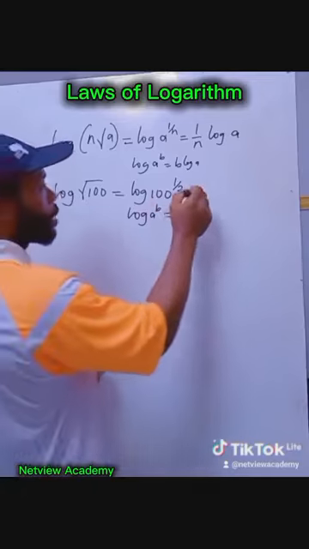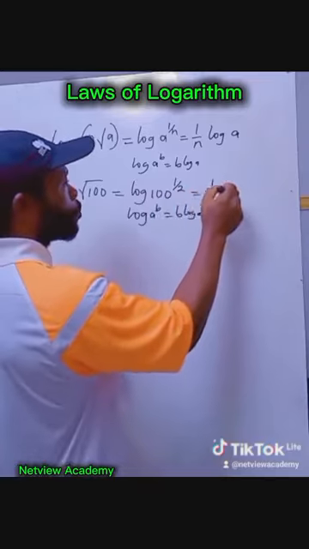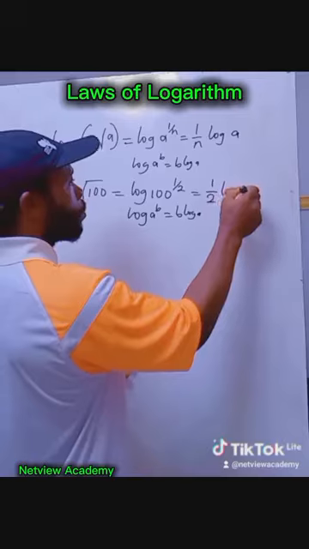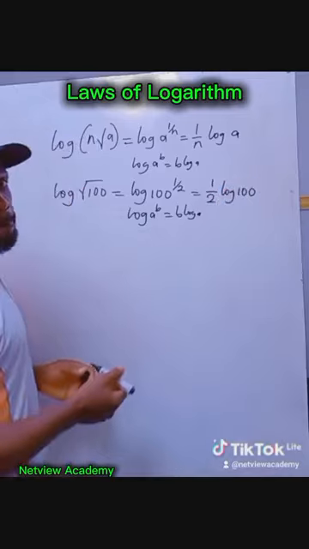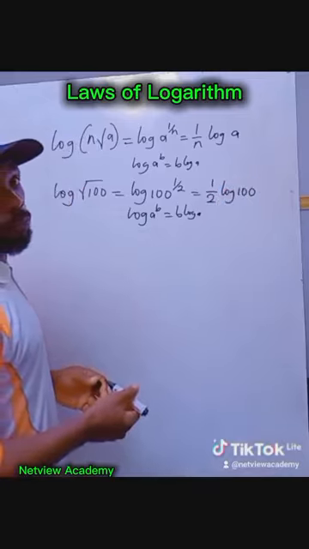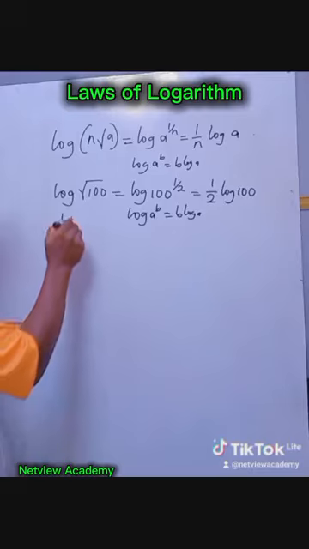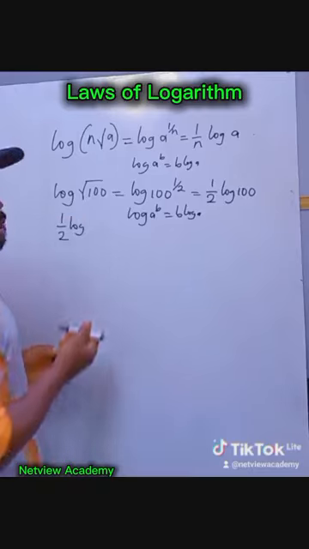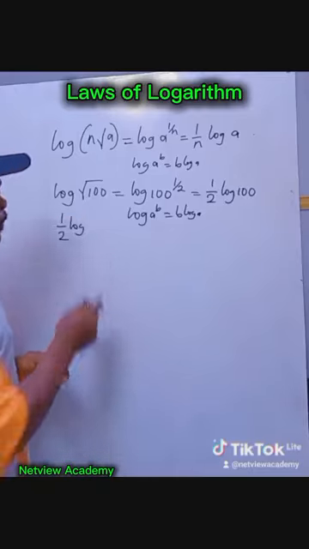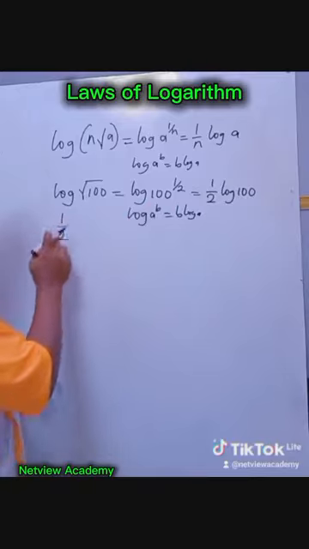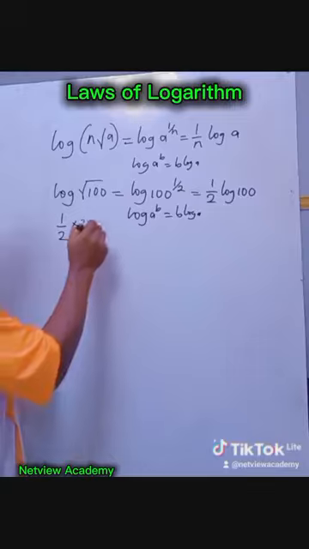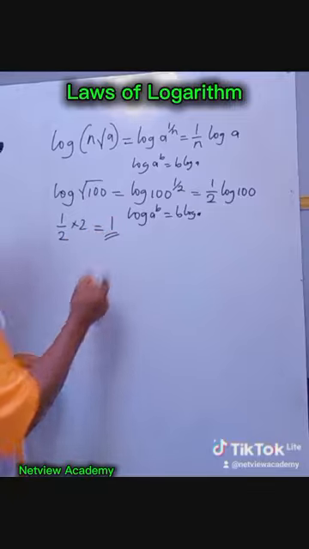Therefore, this can be expressed as 1 over 2 log 100. We know that the value of log 100 is equal to 2. Therefore, this is 1 all over 2 multiplied by 2, which is equal to 1.